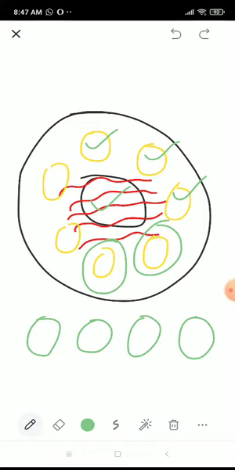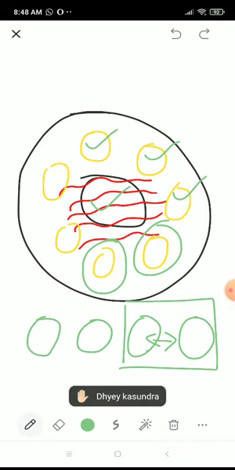Now sometimes these two plates strike with each other, just like ice cubes lying in a glass keep striking with each other. So these plates also strike with each other. And whenever two plates strike, it always results in an earthquake or vibrations.